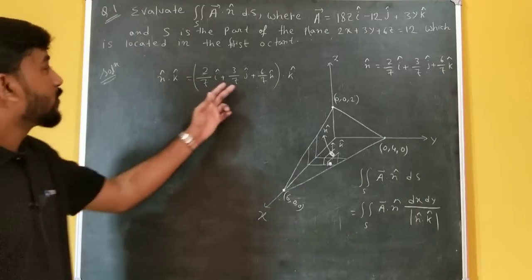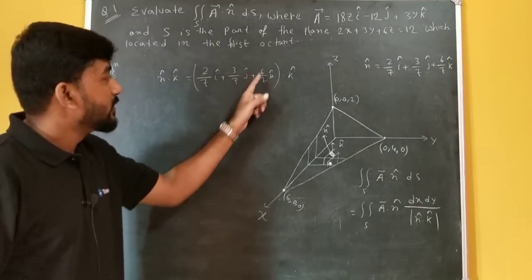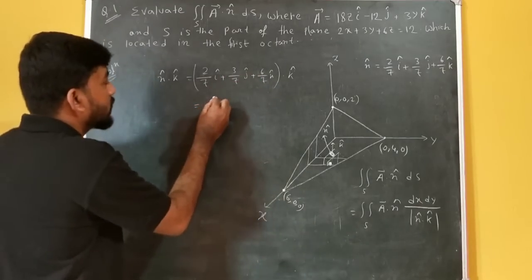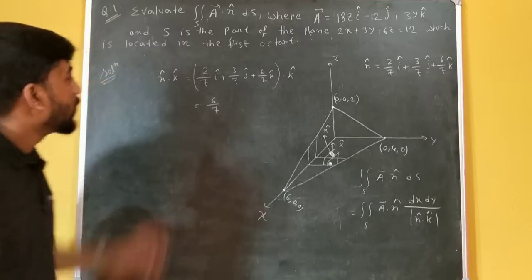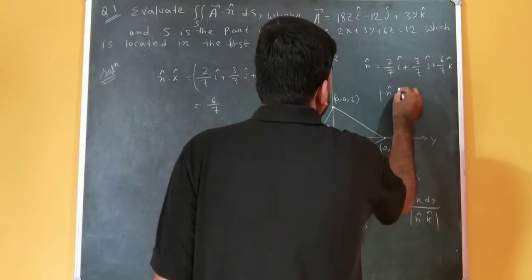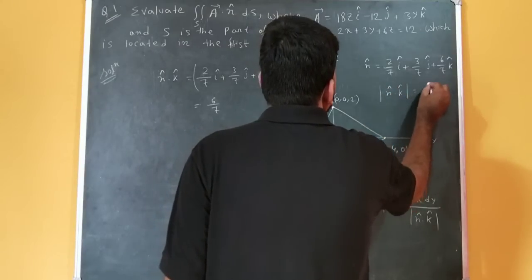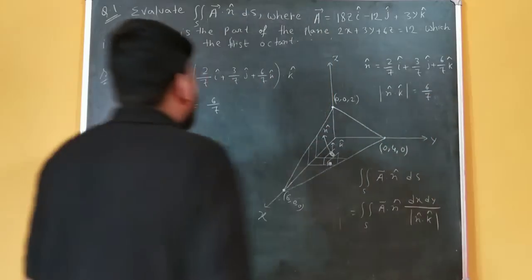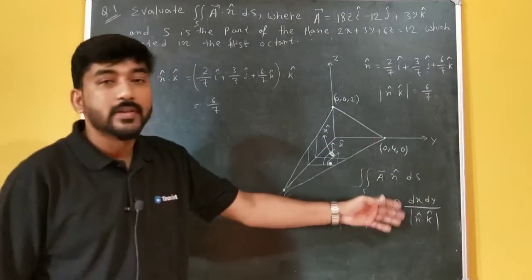If you take the dot product of these two, it will be just 6 by 7. So mod n dot k is just 6 by 7. Okay, now we can put the value over here.